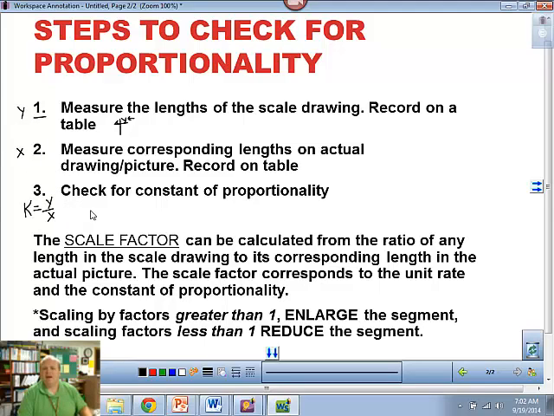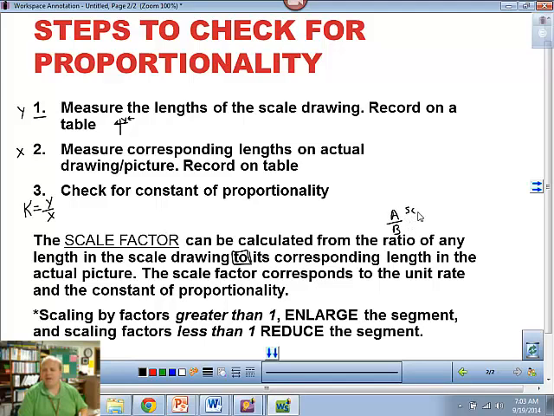Okay? Now, I've talked about the scale factor. The scale factor, which is what we're going to use throughout this lesson today, can be calculated from the ratio. Remember, a ratio is like A over B. It's a fraction of any length in the drawing to, and this is important, the length of the scale drawing to its corresponding length in the actual drawing. Okay?